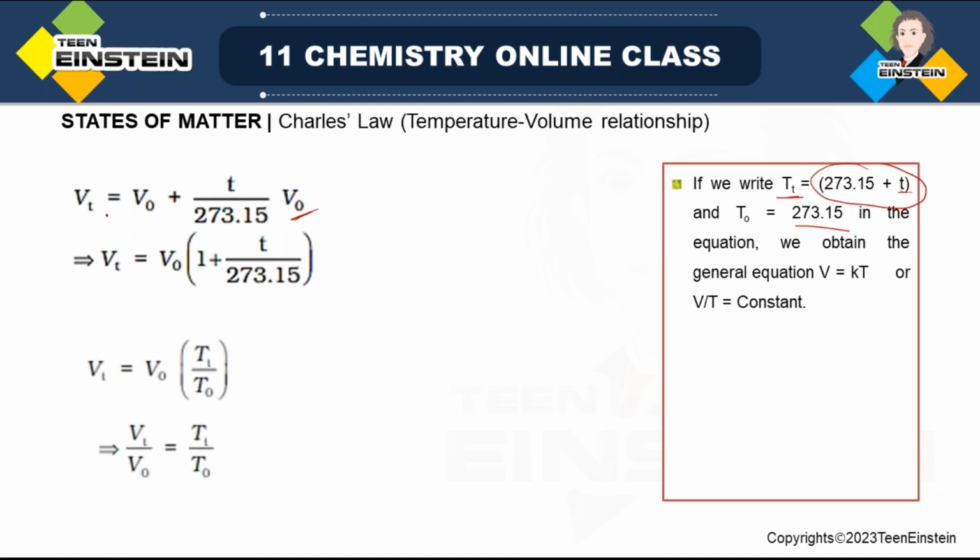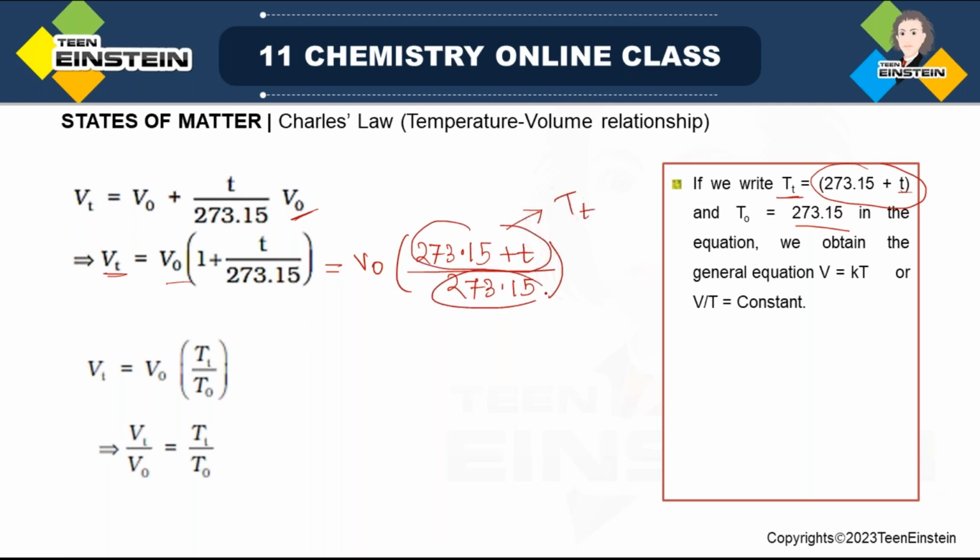See, Vt as it is on the left hand side, V naught as it is, but now you can also write V naught, 273.15 plus T divided by 273.15. That means now this value you are putting Tt and this value you are putting T naught. So obviously you will get this equation.